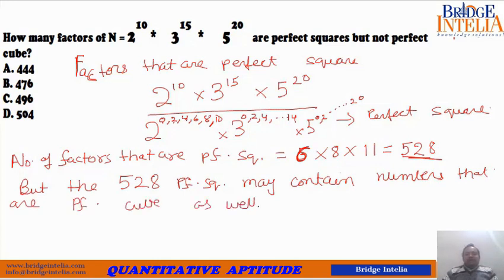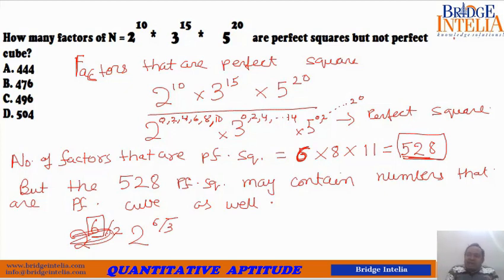You have to remove those numbers which are perfect squares as well as perfect cubes, because in these 528 numbers you may have included some numbers which are both. For example, 2 to the power 6: is this a perfect square? Yes, because the power is divisible by 2. It is also a perfect cube because the power is divisible by 3.